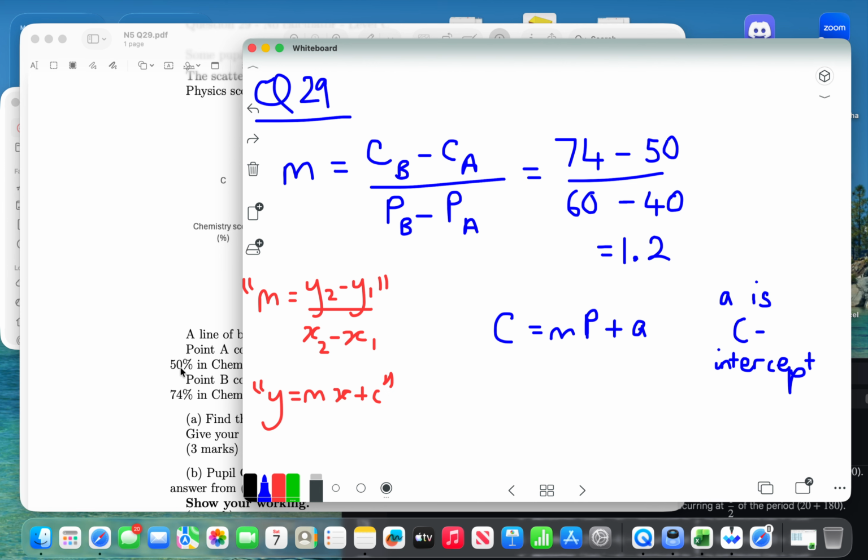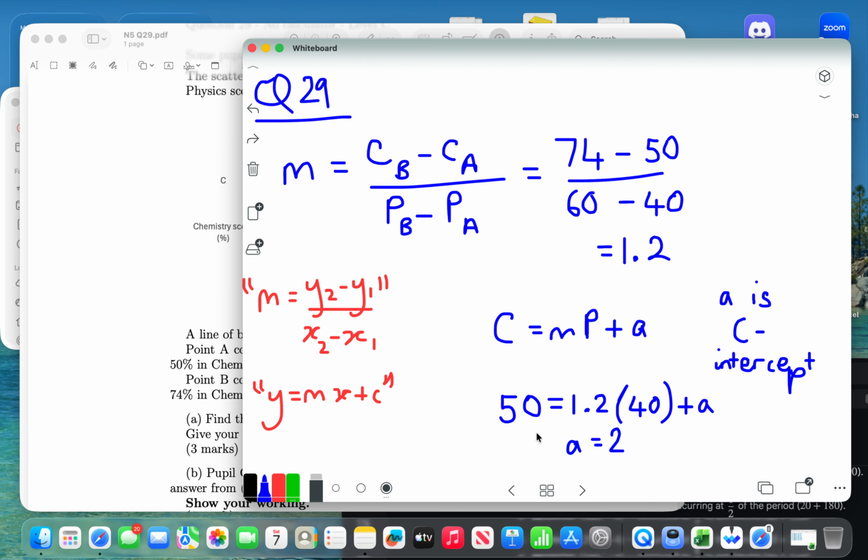So let's substitute point A: 50 for C, equals 1.2 times P, which is 40, plus A. 1.2 times 40 is 48, so A would be 2.